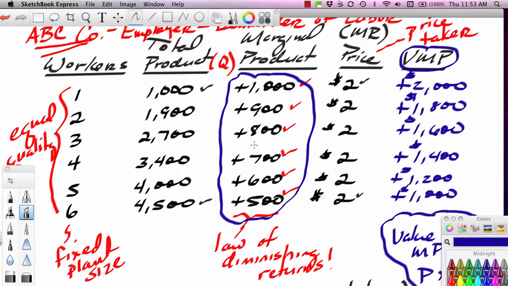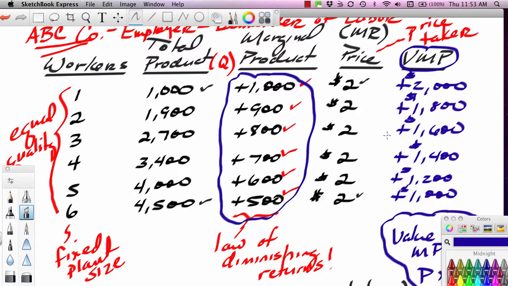So marginal product is looking at what a group of people can produce more than a lesser group in terms of numbers. So 6 workers can only make 500 more than 5 workers. 5 workers all working equally hard can only make 600 more than 4 workers, and so on. Okay? So this VMP is primarily affected by the marginal productivity of the labor. And that makes sense. The demand for labor is derived from the productivity of those workers.